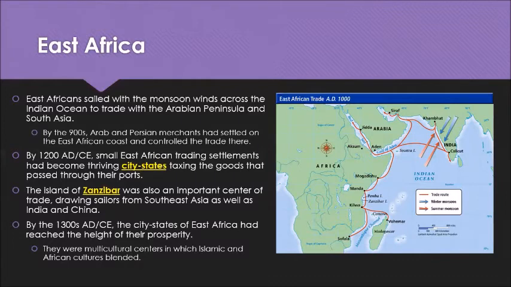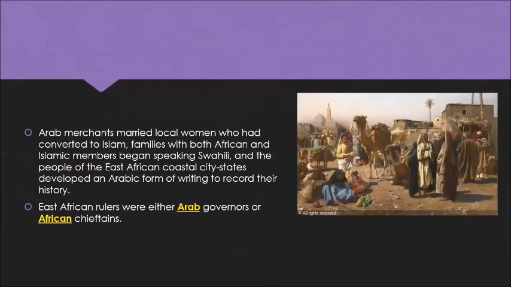All right, moving on. Arab merchants, when they came into some of these African kingdoms, would marry local women, converting them to Islam and having families, and that would bring Islamic influence and help spread it.